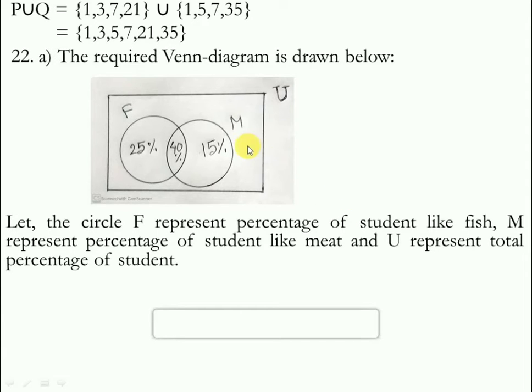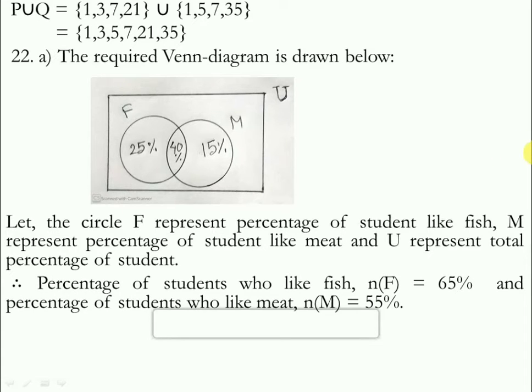And if you calculate the total M circle, you got 40 and 15, that is 55. If we add them, it becomes 55%. And that was mentioned in the STEM, that 55% of the students like meat, and 40%, I take the common point of both circles and write 40% over there, which is the percentage of students who like both items. Okay, that is also described.